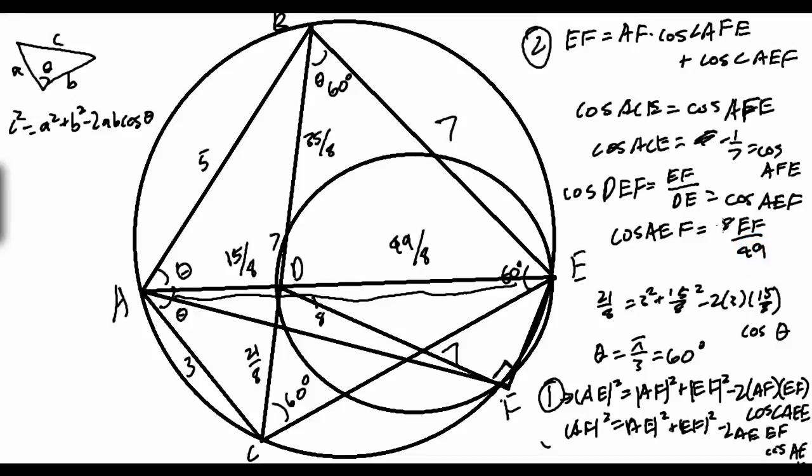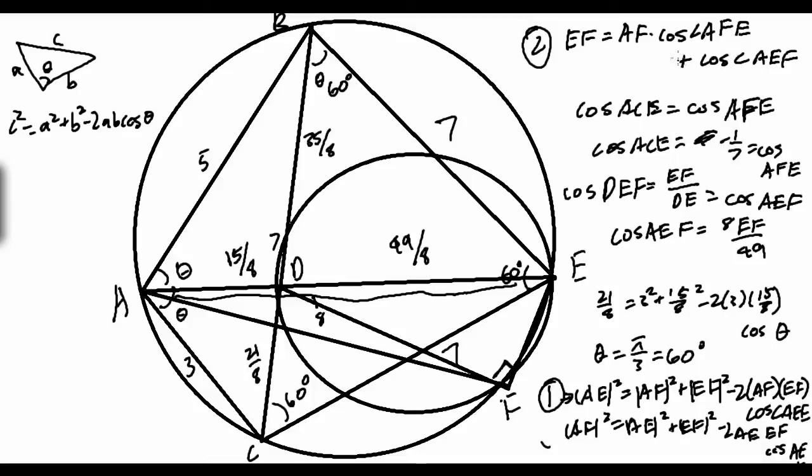Alright. Now we have everything we need. Let's sub these values into our equation number 2. So cosine AEF we just found is 8 over 49 EF, and cosine AFE we found is negative 1/7.